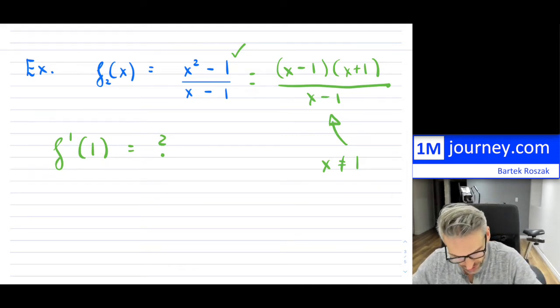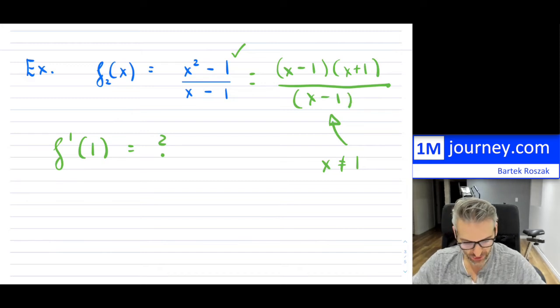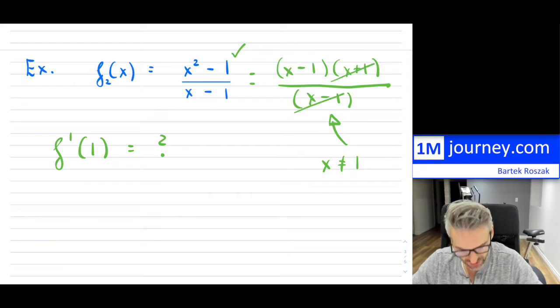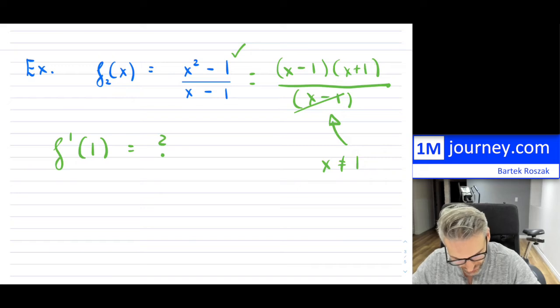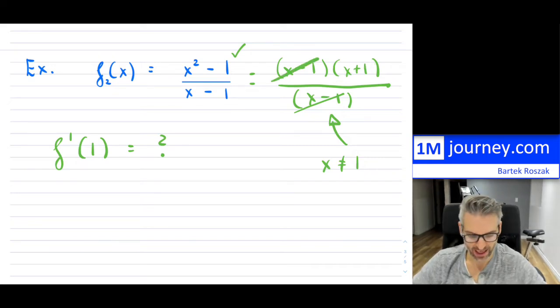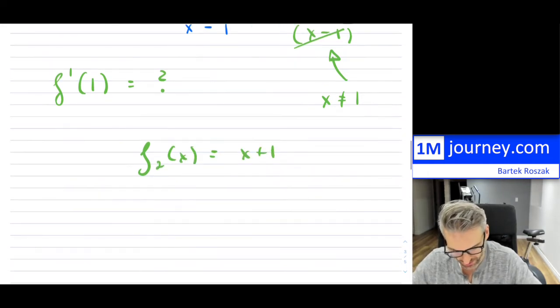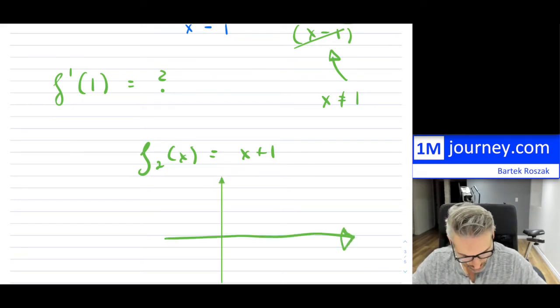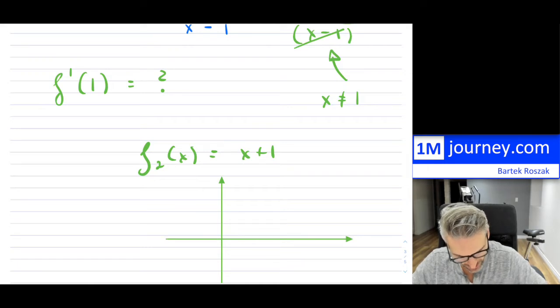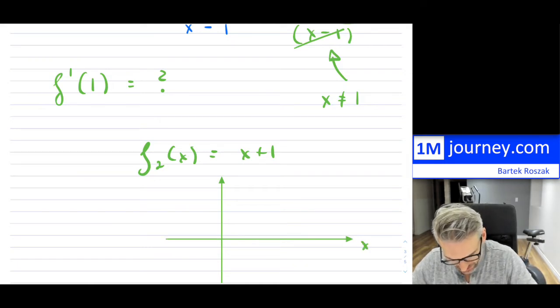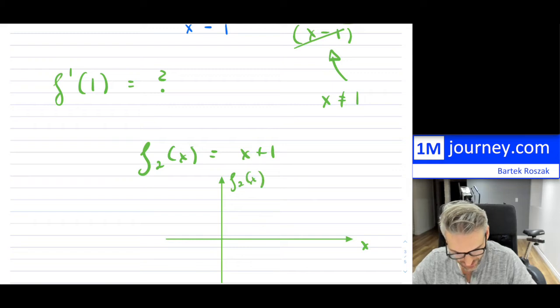Now, if I worked this out for any value other than 1, this would cancel off right here. Okay, so this and this would cancel. And I would have that the function is simply equivalent to x plus 1, which is nothing else but a line. So if I graph this out for this function, let's say this is my f2 of x.